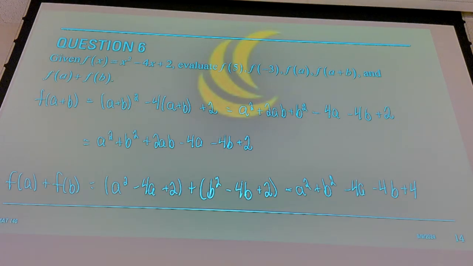Is that the same as f of A plus B? No. In general, f of A plus B will not equal f of A plus f of B. If it satisfies that property along with one additional property, then we say the function's linear. Again, that's not something you have to worry about. You'll study that if you take linear algebra.